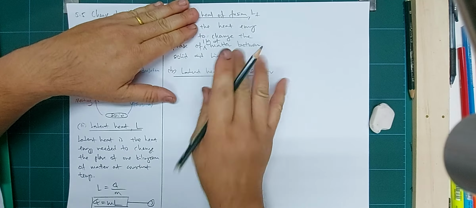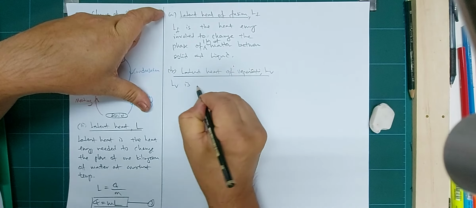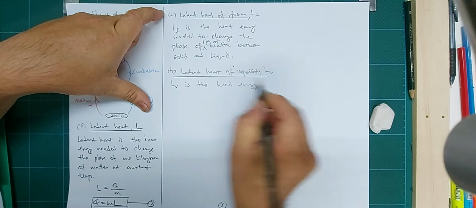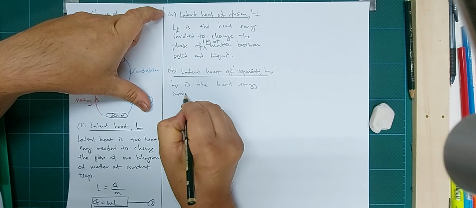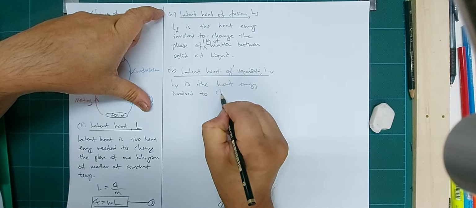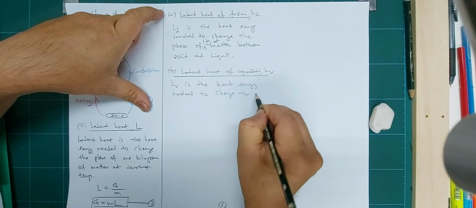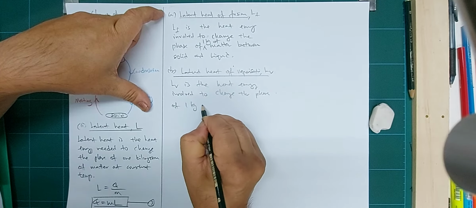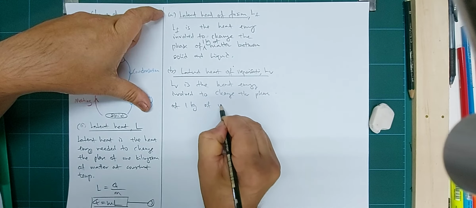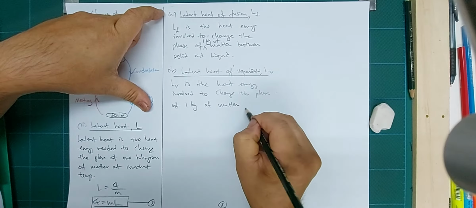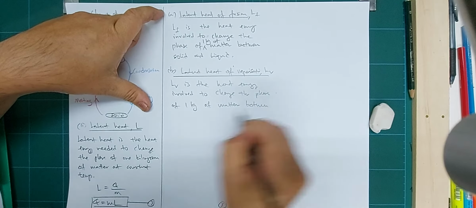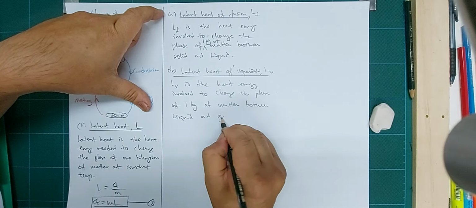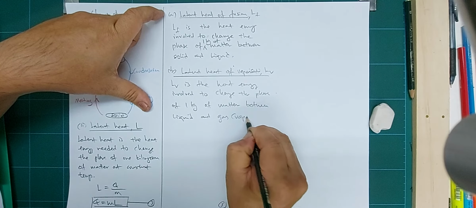Our LV here is the heat energy involved to change the phase of 1 kilogram of matter between liquid and vapor or gas.